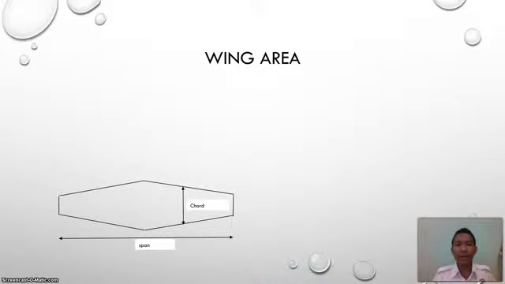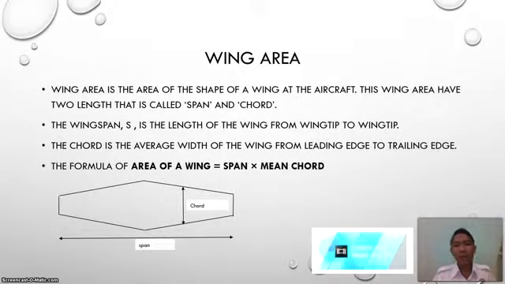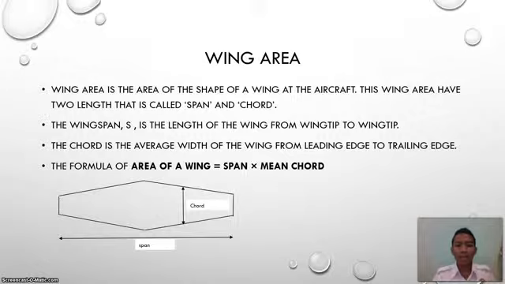Next, the wing area. Wing area is a special one because in engineering mathematics, research about wing area is very common. So, what is wing area? Wing area is the area of the shape of the wing of the aircraft. This wing area has two lengths, called span and chord. Referring to the diagram, the wingspan is marked as S, the length of the wing from wingtip to another wingtip.